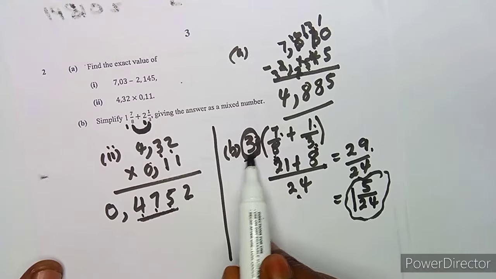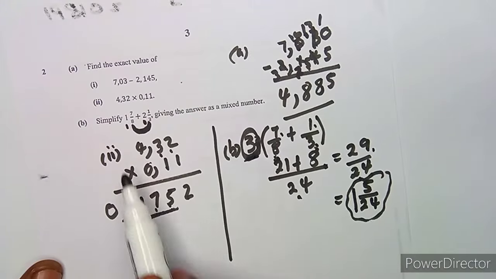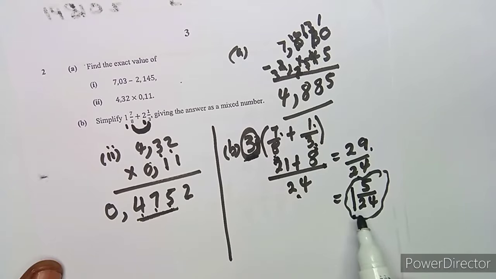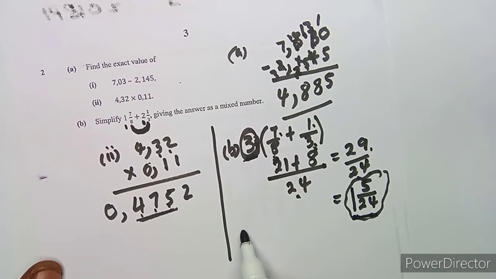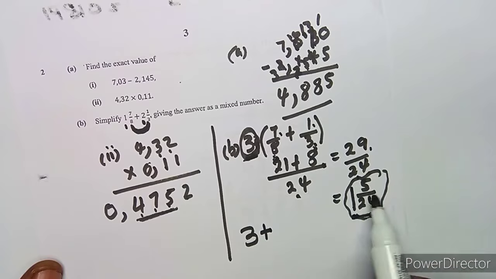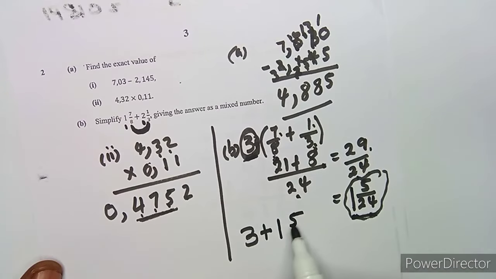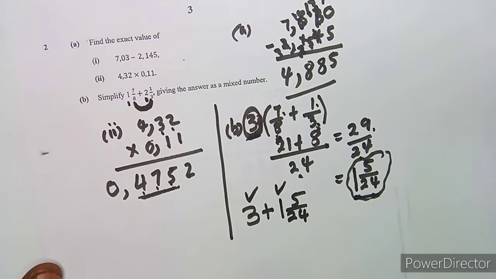But remember, there was a whole number outside that we obtained, that we said we are going to add to whatever we get as our answer. So therefore our answer is going to be 3 plus this fraction that we obtained, which is 1 and 5 over 24. So you are simply adding 3 and 1, which are the whole numbers, which is going to give us 4 and 5 over 24.